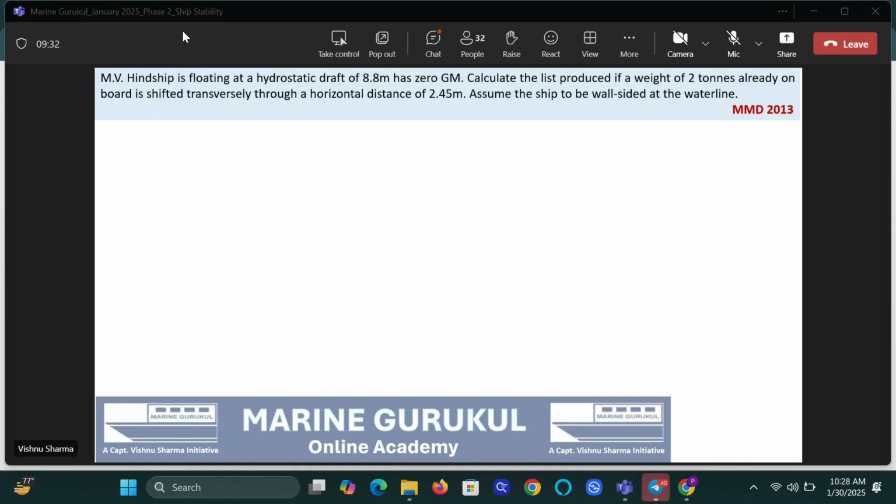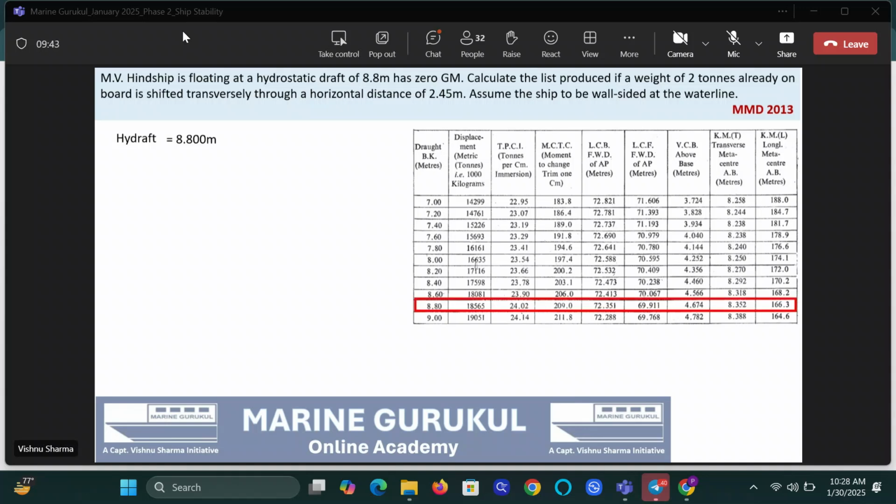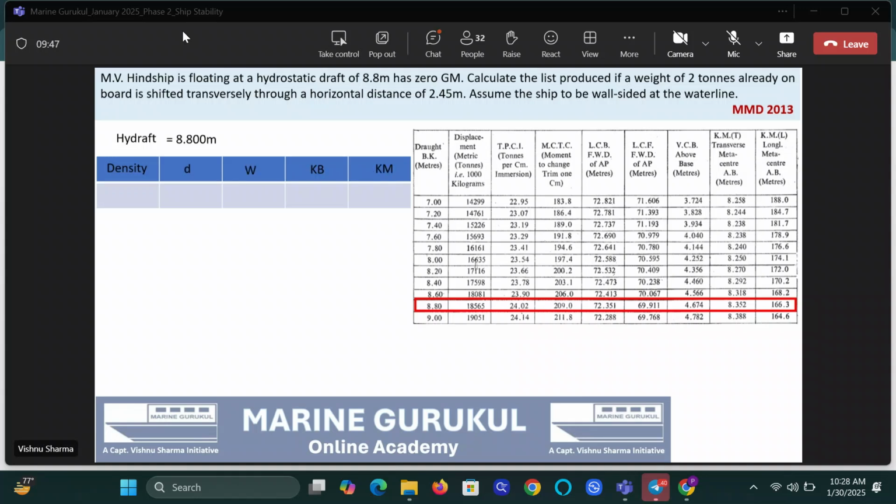Then it was simple substitution of the values. You needed displacement, KB and KM. All these values are against 8.8. So it was a very straight, simple question that time.